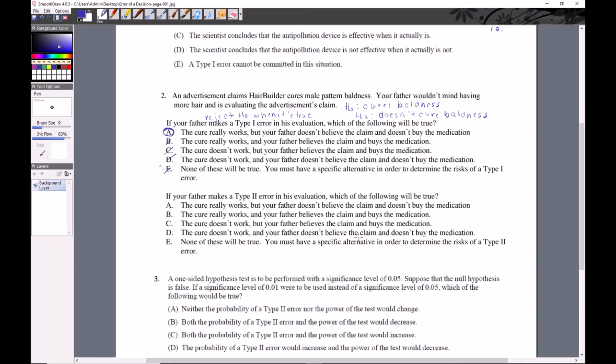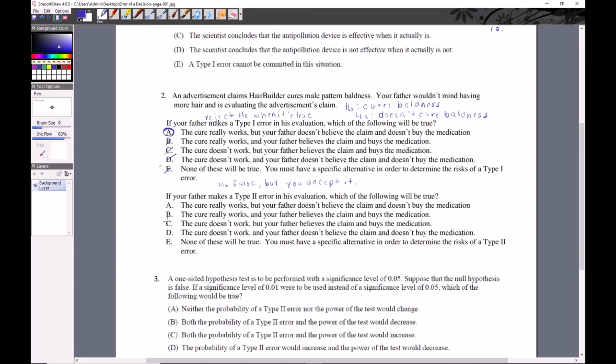All right, a type 2 error is where H0 is false, but you accept it. So let's write that out. All right, so let's see. If H0 is false, then this means it cures baldness is also false, so the cure doesn't work.